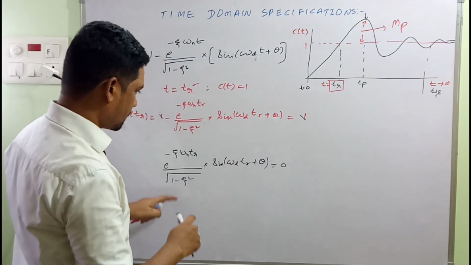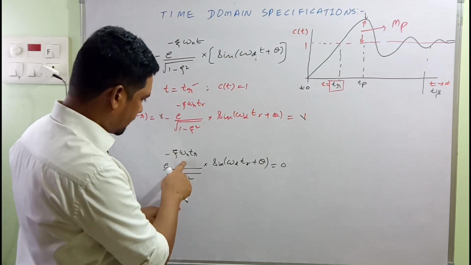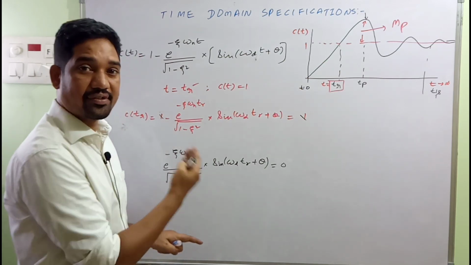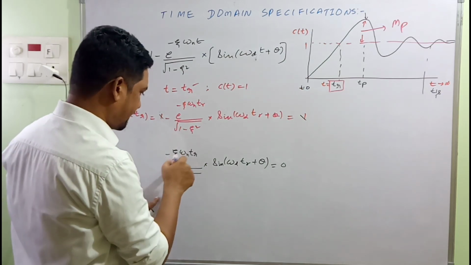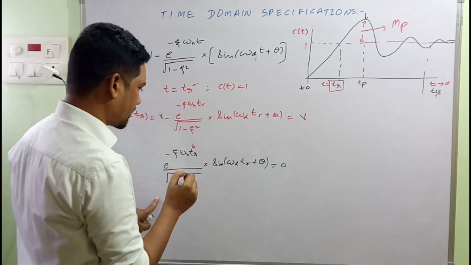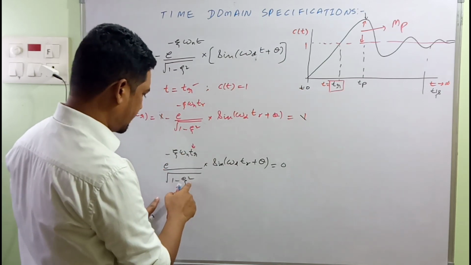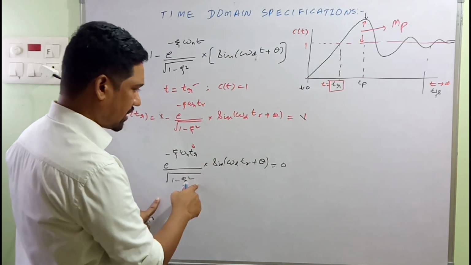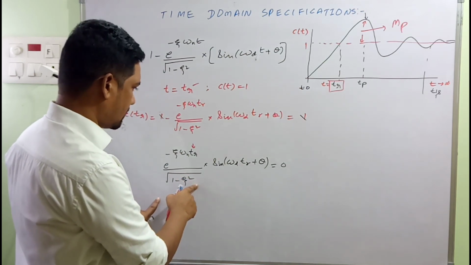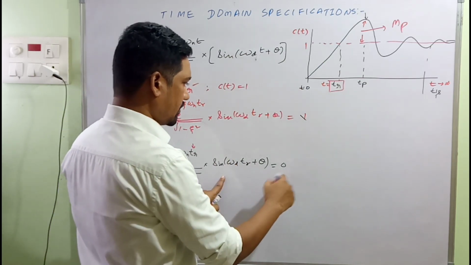We have three terms here. The exponential term cannot be 0 because we are talking about a finite value of time. And the denominator cannot be 0, because if it is 0 the entire term would be infinite. So the sine term has to be 0 to make the entire expression 0.